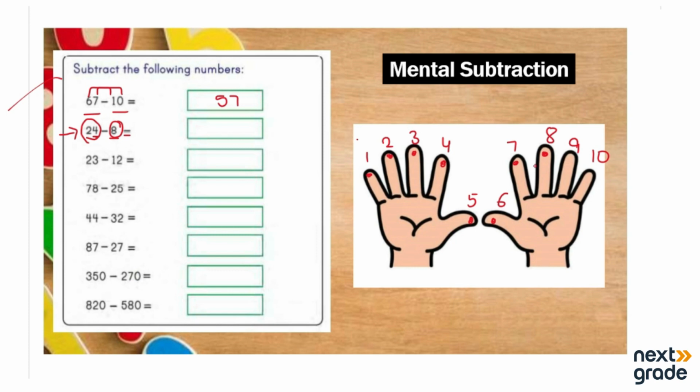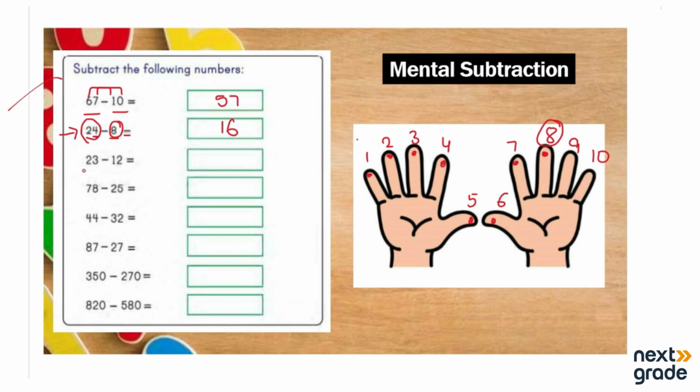So what do we get the answer? That is, हमने 8 steps back move किया 24 से, so answer is going to be 16. Alright, that is how we can use our hands to do the backward counting and do the mental math.